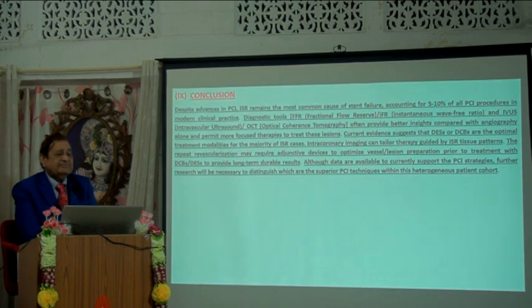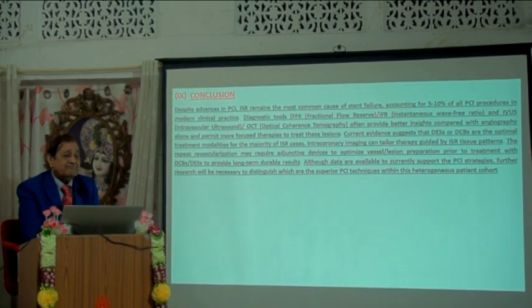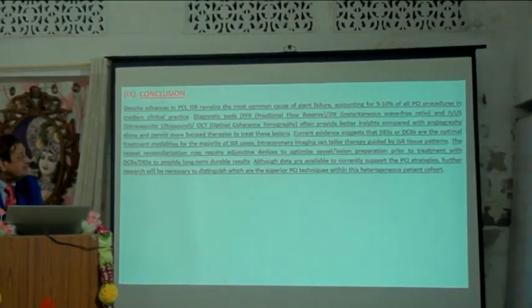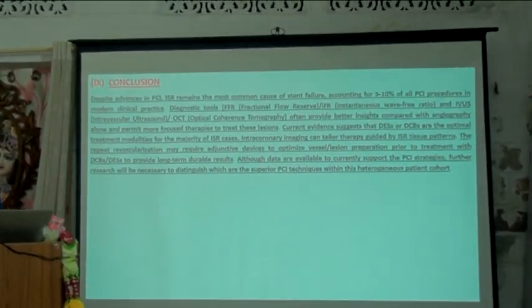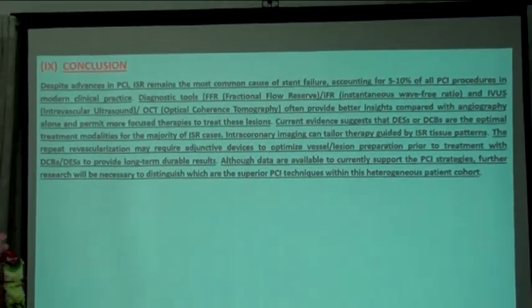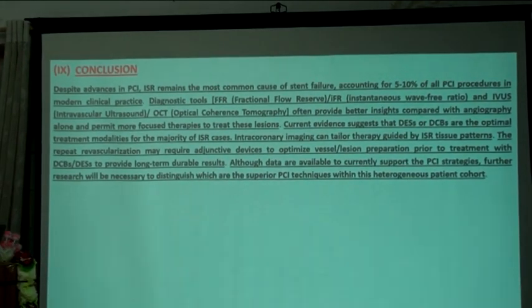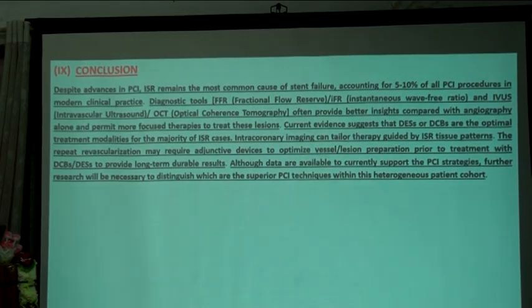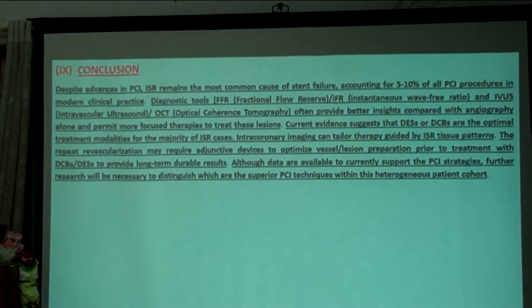So in the last, we have reached the conclusion. Despite advances in PCI, ISR remains the most common cause of stent failure, accounting for 5 to 10% of all PCI procedures in modern clinical practice.